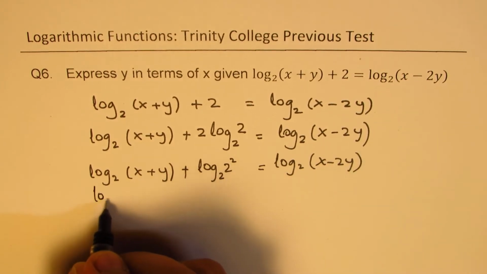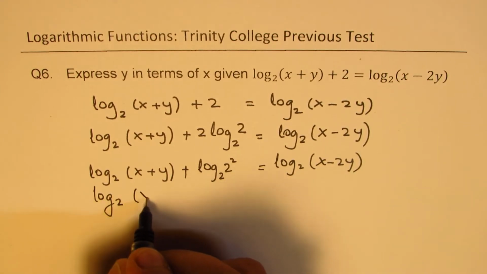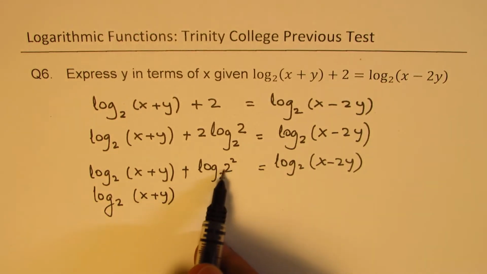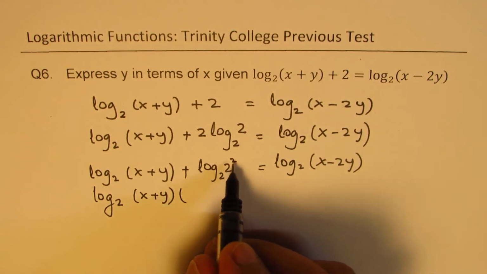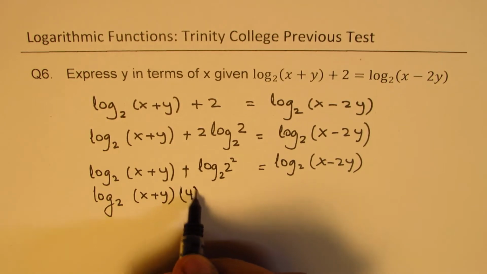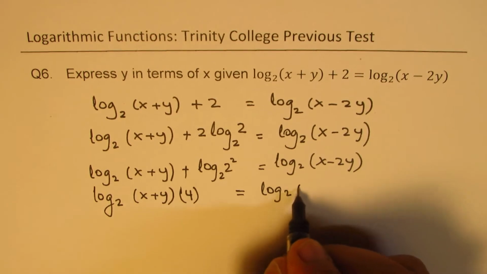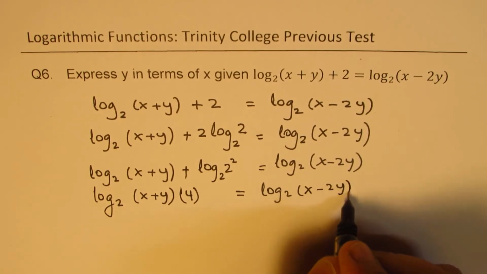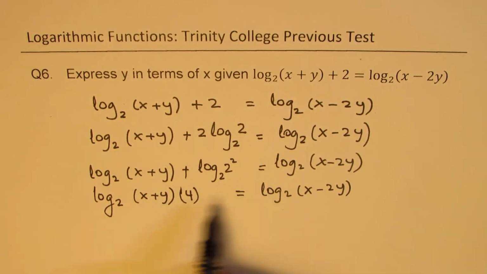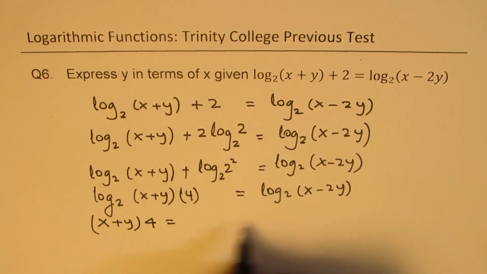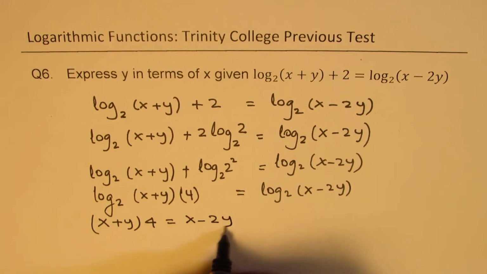So we could write this as log to the base 2 of x plus y, and when it's a product we just multiply. So it's multiplied by 2 square, which is 4 here, correct? Equals log to the base 2 of x minus 2y. So now, because they have the same base, we could equate x plus y times 4 to x minus 2y.